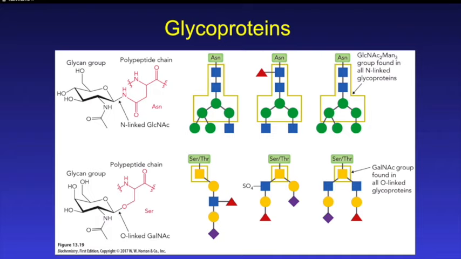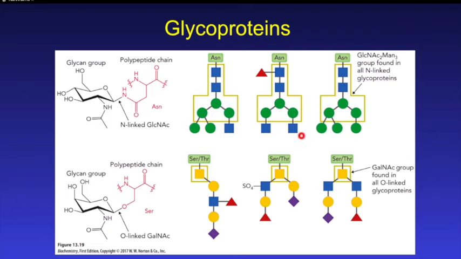Now, what I want you to really know about this particular slide is that when sugars are placed on a protein, normally there's a core sugar that is placed, and it could be a group or a single. And so if you take a look at all of these examples, the basic T, or these 5 sugars that are placed, is the first and initial way in which sugars are placed onto proteins.